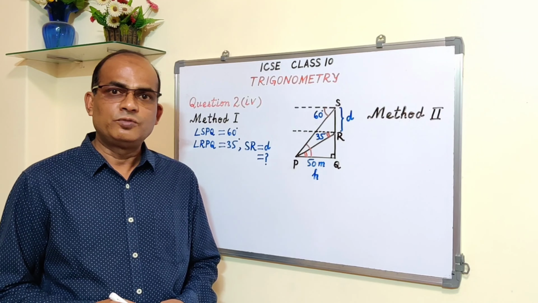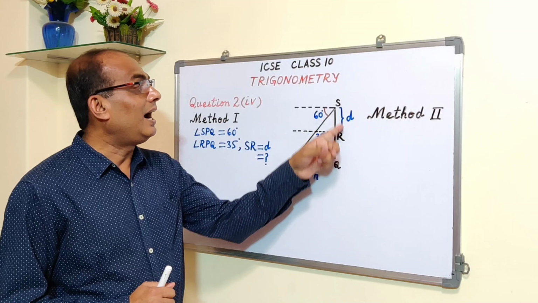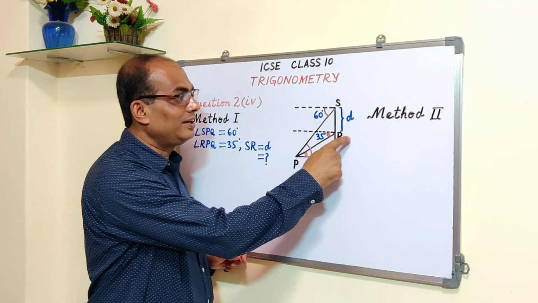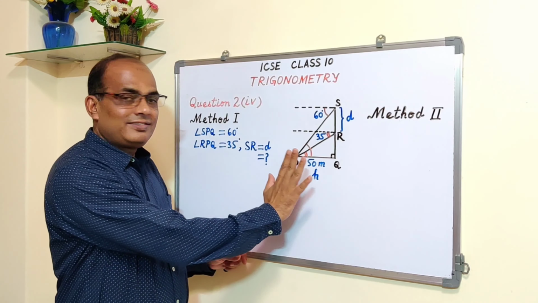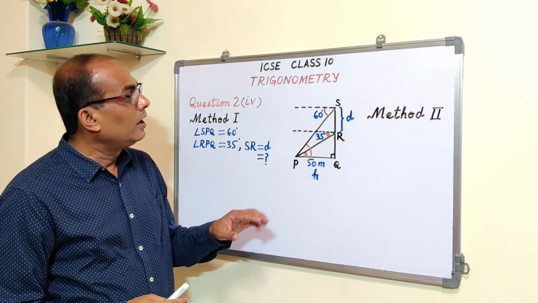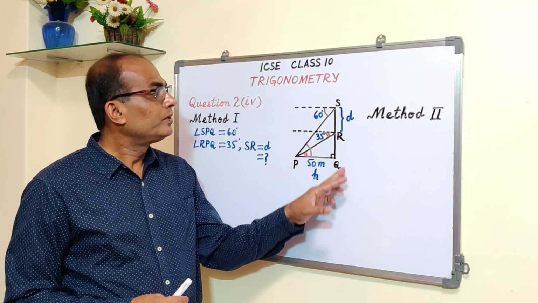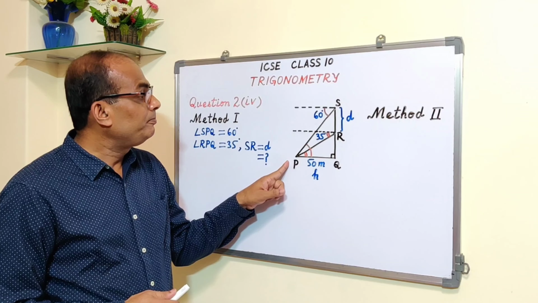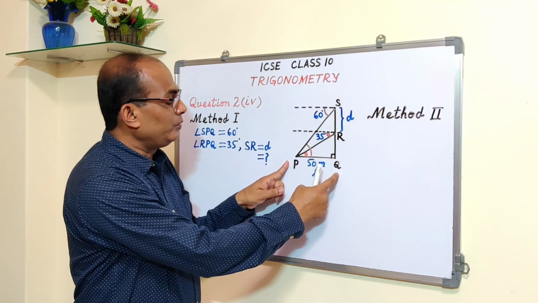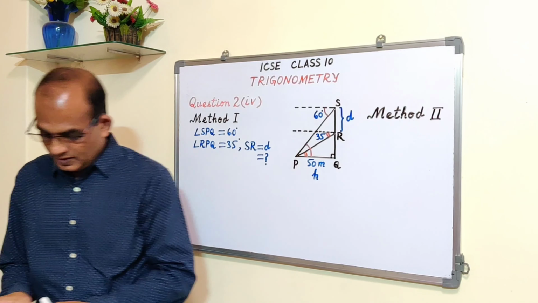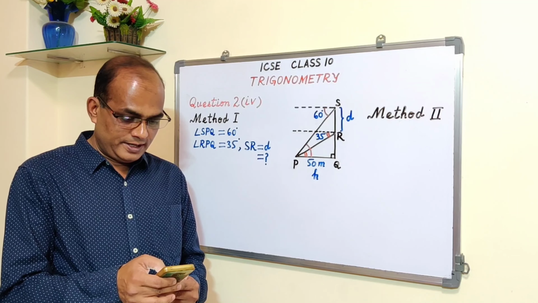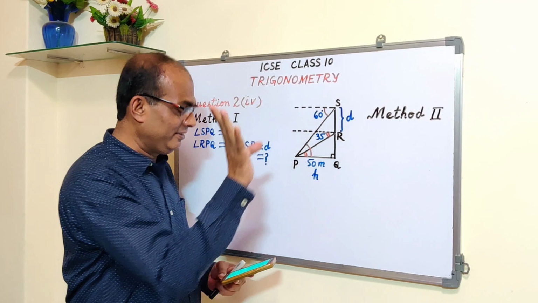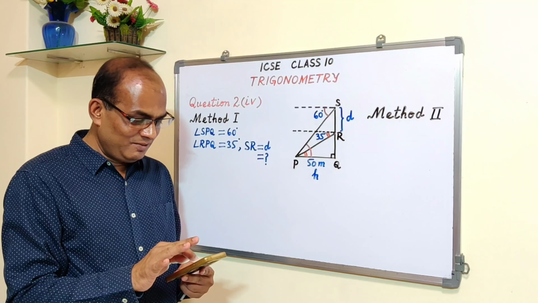Alright, so we have to find out RS, the distance between R and S. This diagram is given: P, Q, R, S. A drone camera is used to shoot an object P from two different positions, from R and S, along the same vertical line QRS.